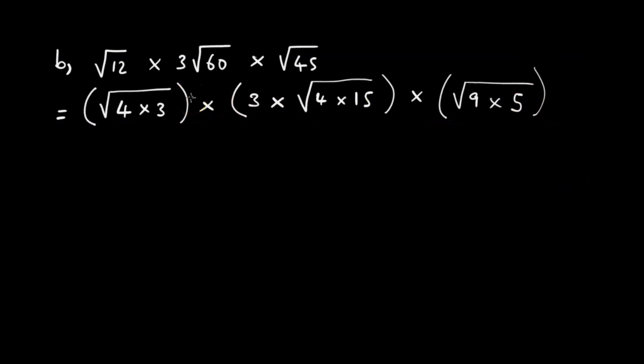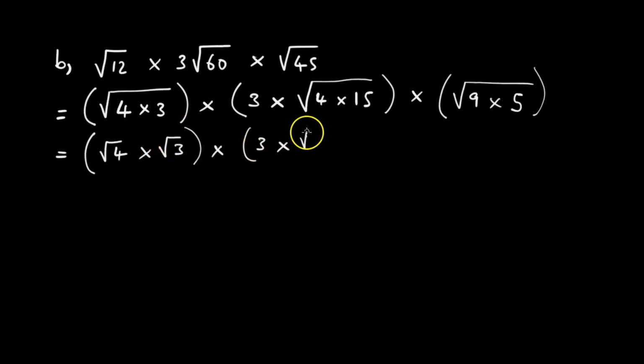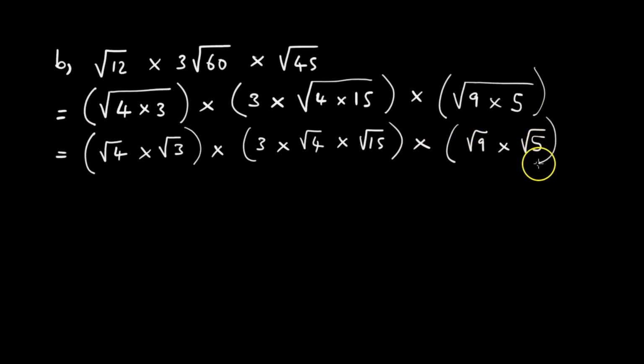So we have expressed everything in surd form. Let us follow step by step. The square root of 4 times the square root of 3, multiplying 3 times the square root of 4 times the square root of 15, times the square root of 9 times the square root of 5.